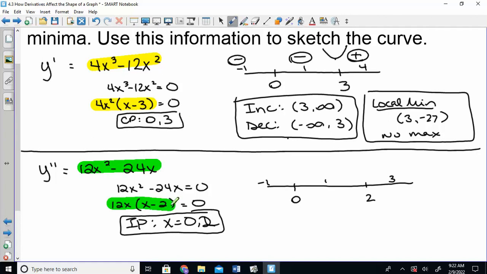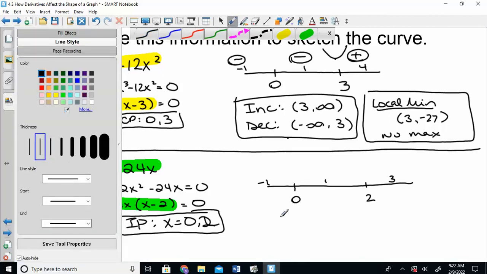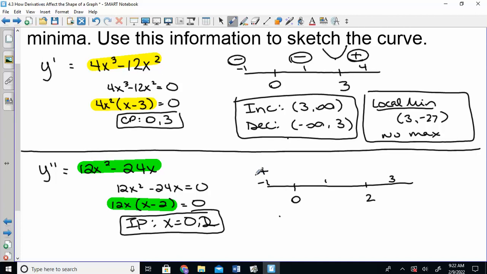So if we plug in a -1, again, you just have to plug it into the second derivative. It'd probably be easiest if you do the factored version. So that would give us 12 times -1 is negative. -1 minus 2 is negative. Negative times negative is positive. If you put in a 1, you get a positive times a negative, which is negative. You put in a 3, positive times positive is positive.